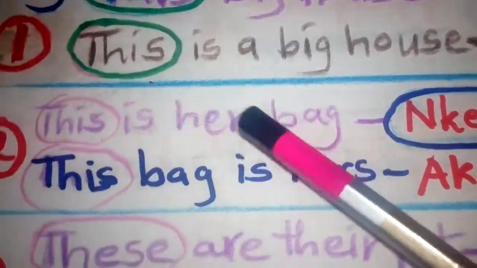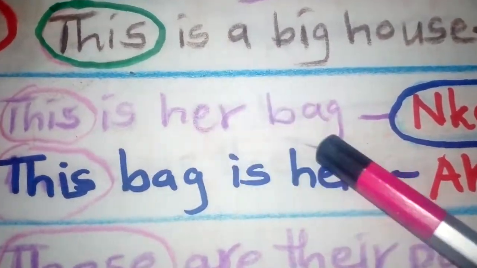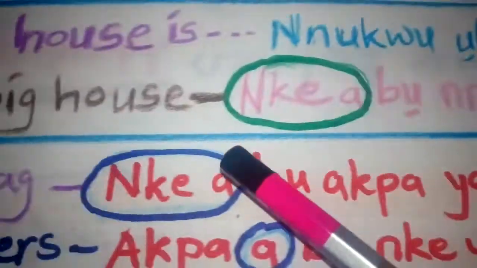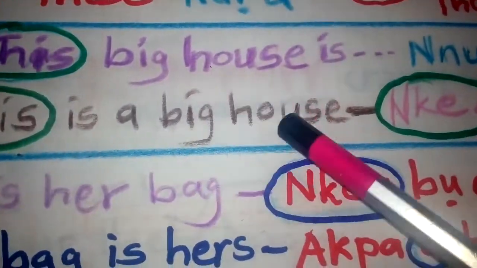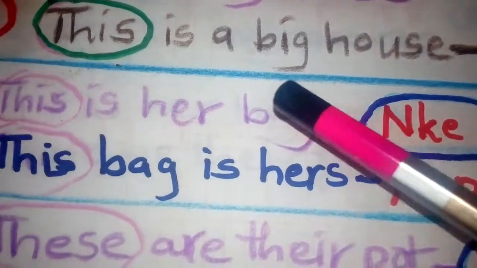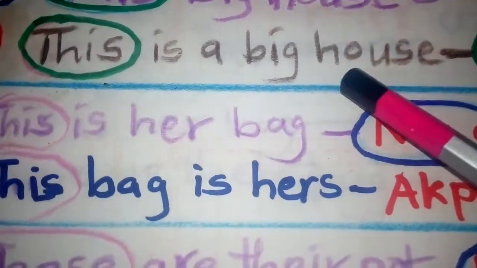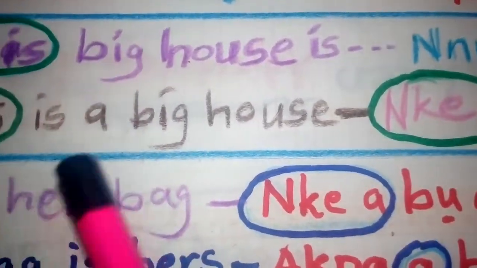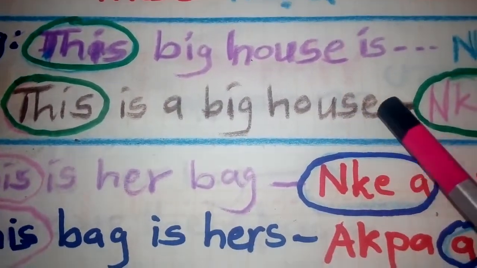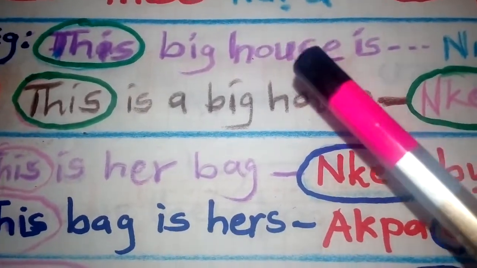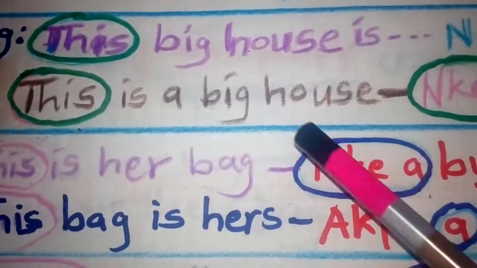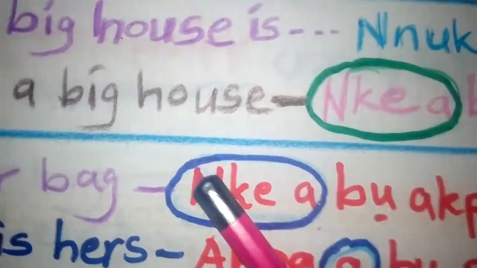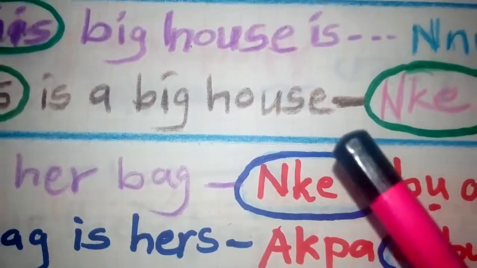Another thing is that the demonstrative pronoun, that's DP, can stand alone, while the demonstrative adjective cannot stand alone. Why? Assuming you want to ask your friend a question, which bag do I take?